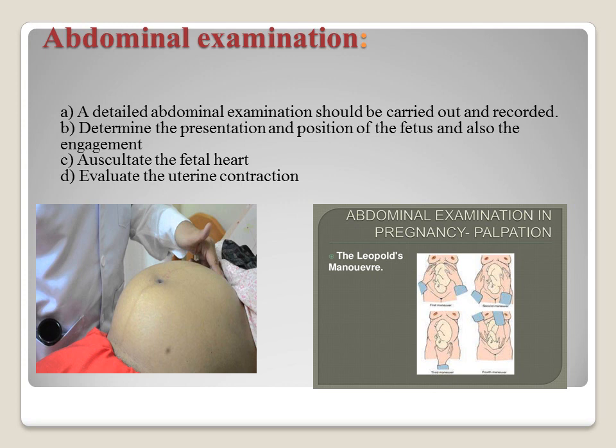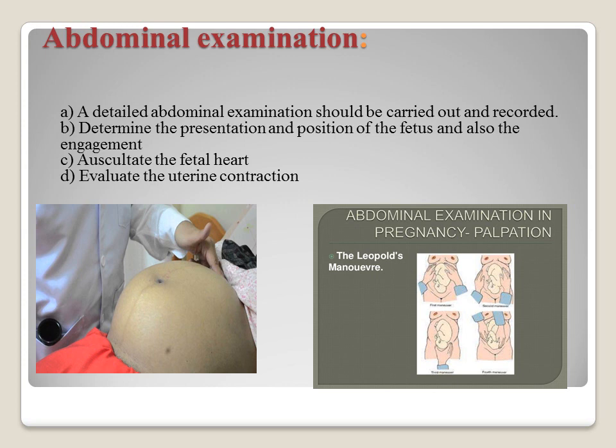The lateral grip is to determine the lie of the baby and where the back is in order to auscultate the fetal heart. واحنا نعرف اللاي it is the relationship between the longitudinal axis of the baby to the longitudinal axis of the mother اللي ممكن يكون longitudinal line or transverse or oblique. We should determine the type of the lie.